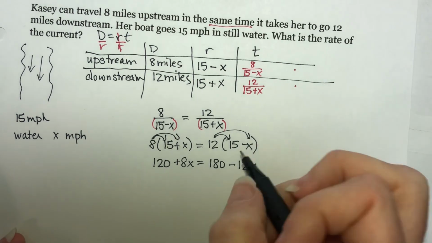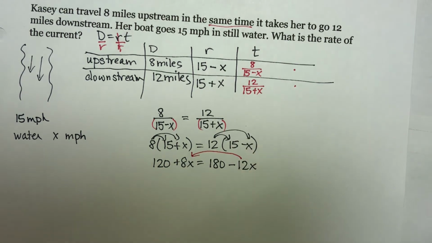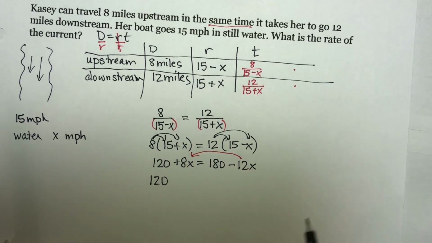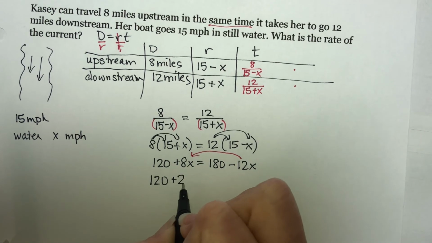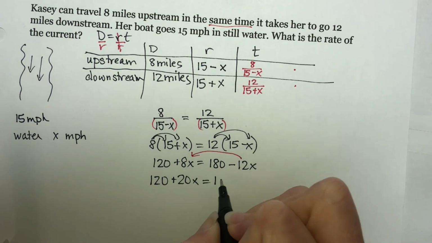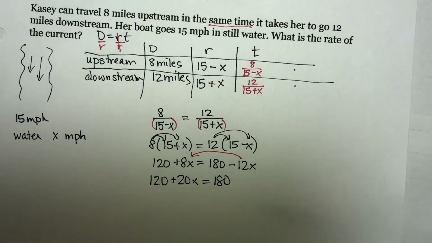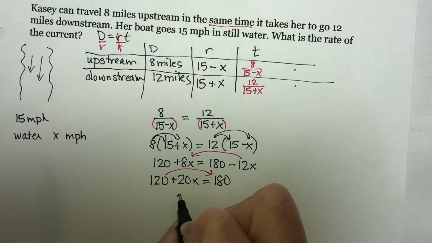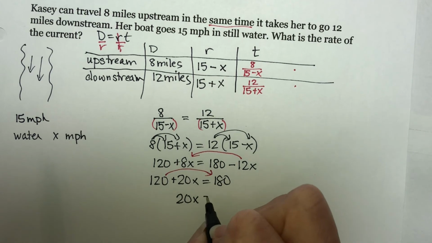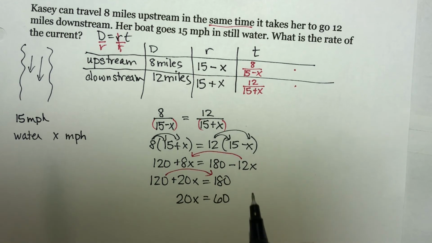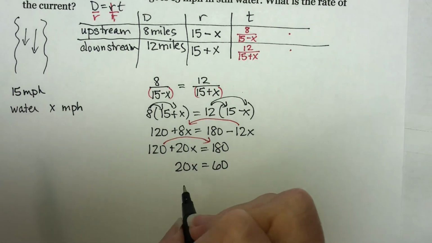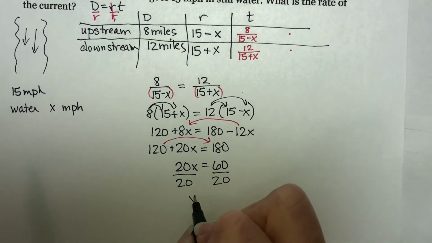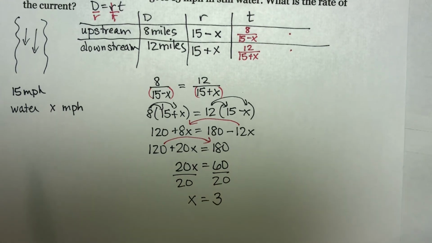Okay, so let's add 12x to both sides to get my x's together, and I'll have 120 plus 20x is equal to 180. Now let's subtract 120 from both sides, and we get 20x is equal to 60. Now divide both sides by 20, and we get x is equal to 3.